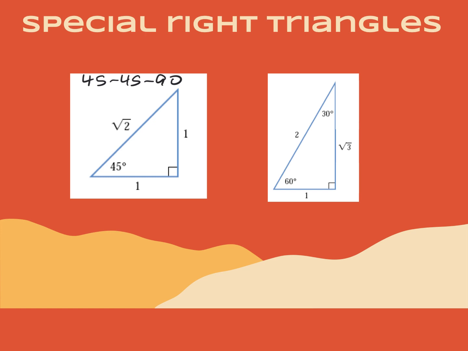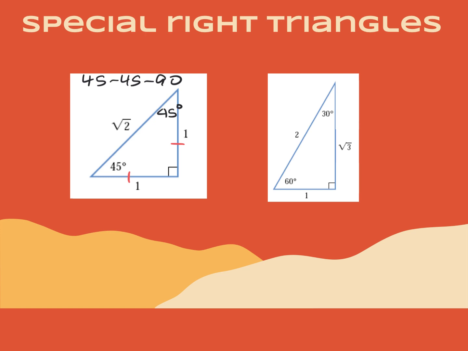So if we are given that one of the angles is 45 and we have a right angle, then adding 45 plus 90 and subtracting it from 180 tells me that this other angle up here is also 45. Also, because we have these 2 sides that are the same length, this is an isosceles triangle. And when you have 2 sides that are the same, you're also going to have the 2 base angles that are the same.